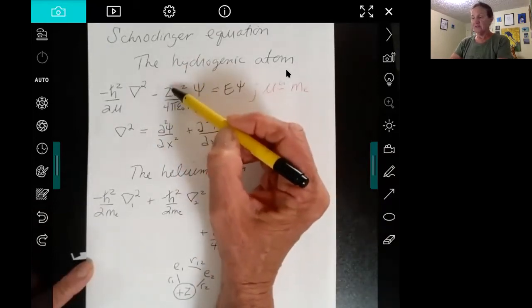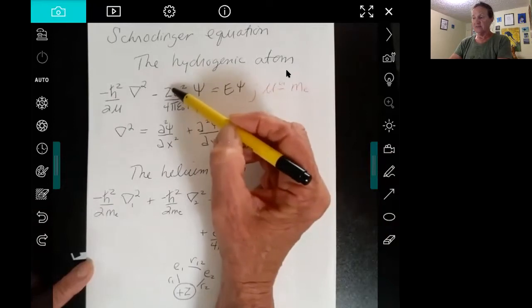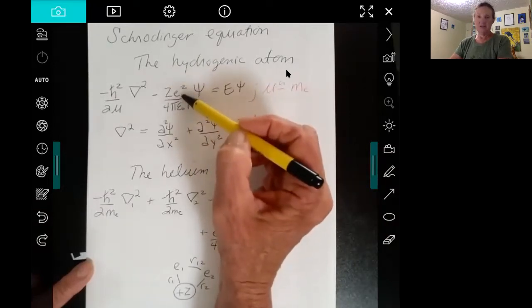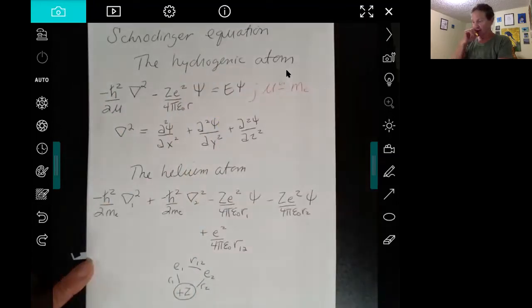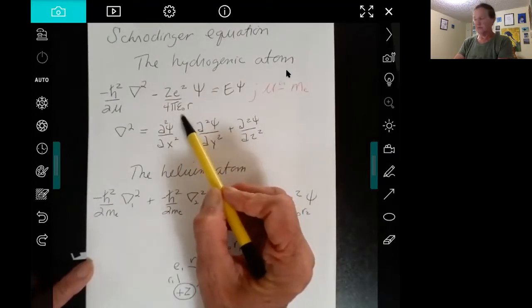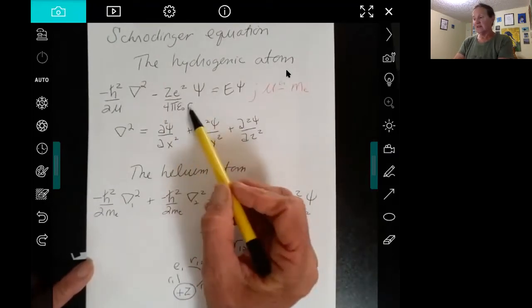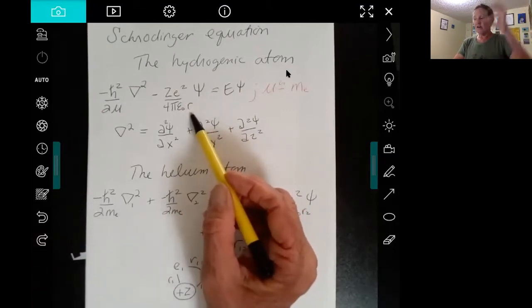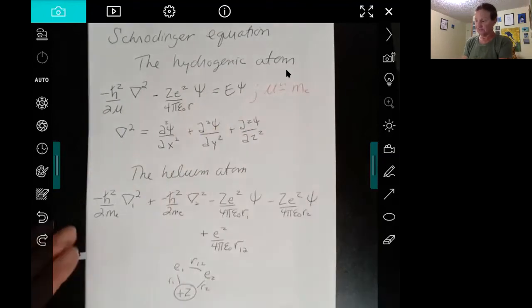It's a function of the charge on the nucleus, both the integer, so how many protons you have, and then the fundamental charge on the proton and the electron. So proton times electron makes it e squared over 4 pi epsilon naught, which is the permittivity of a vacuum. And then the coordinate that it's a function of is just how far that electron is from the nucleus.